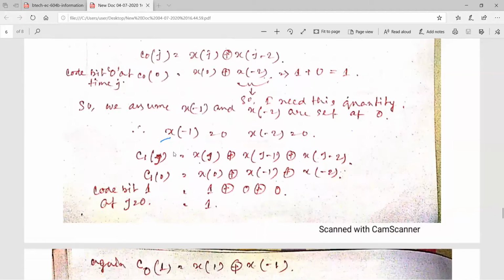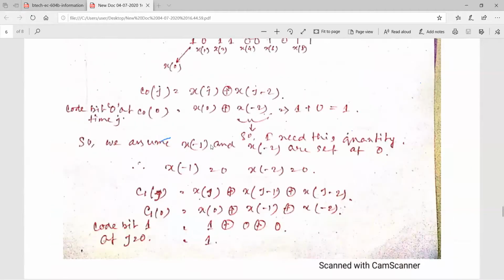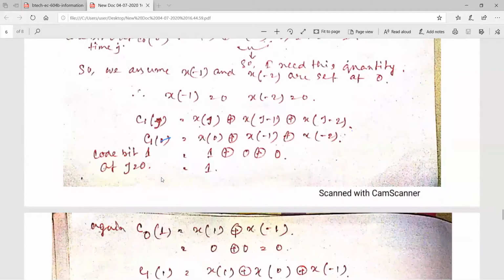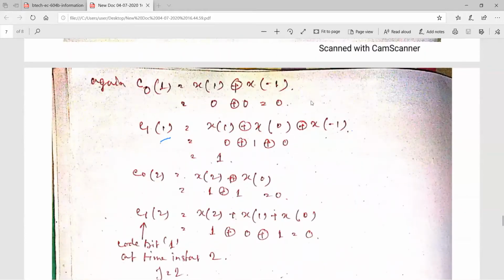So you have to calculate xj minus 2 each time. So this is a very laborious job. For C0j, C1j, for each case we have to calculate individually.